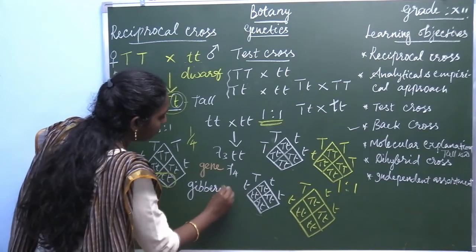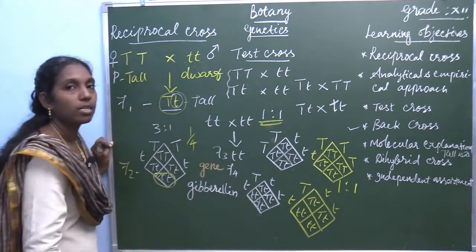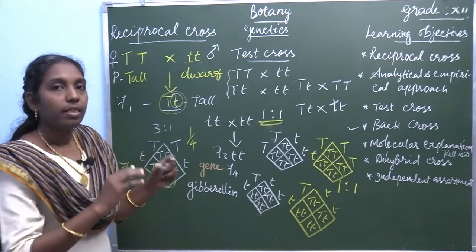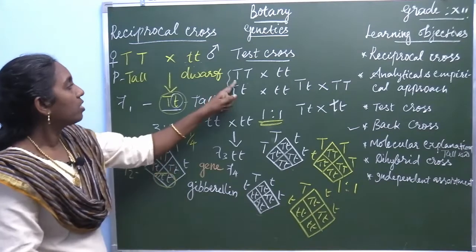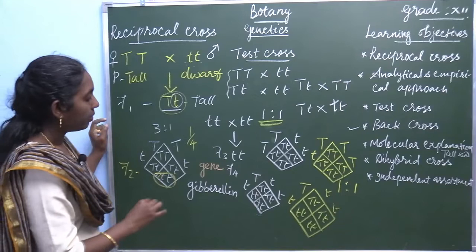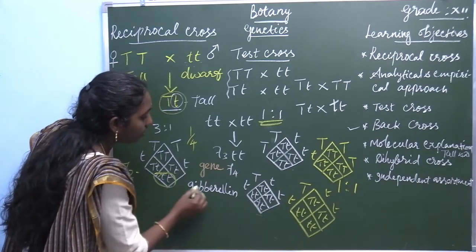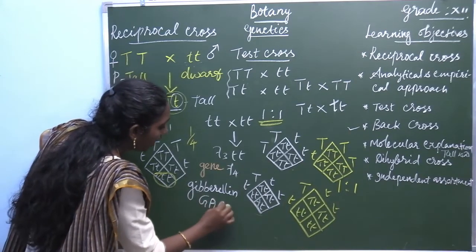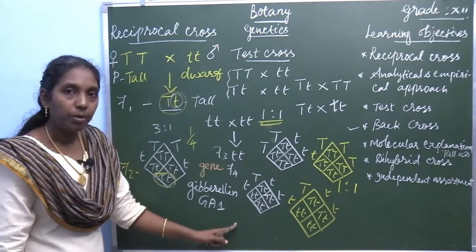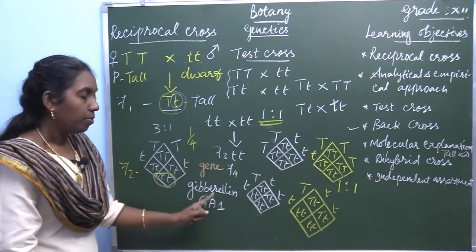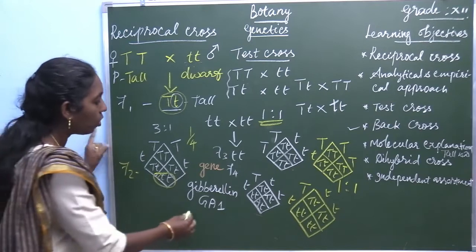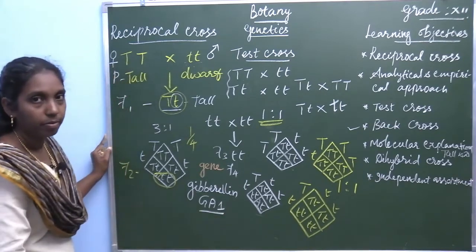Gibberellin-producing precursor molecule. The tall plants contain an enzyme. The activated form of gibberellin is GA1. So the cells of pea plants contain the precursor molecule, and the gibberellin-activating molecule is called GA1.